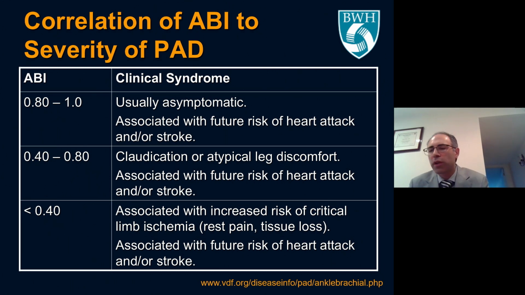At 0.4, or usually more like 0.5 to 0.8, they'll tell you about claudication or a typical limb discomfort. Less than 0.4, 0.5, then you might see a patient that comes in with either rest pain or tissue loss with an ulcer or dry gangrene. We call that critical limb ischemia. And that's a sign usually of blockages at multiple levels in the artery to the limb.